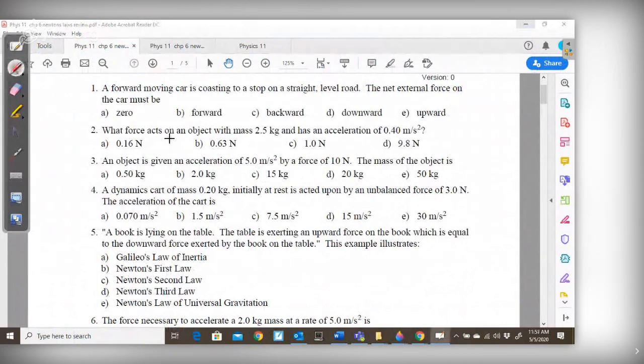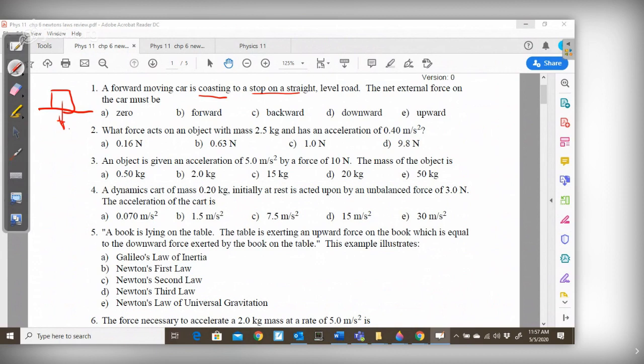All right. A forward moving car is coasting to a stop on a straight level road. The net external force on the car must be. So what do we know here? It's coasting, so the motor is not pushing it forward. It's coming to a stop, so it's not uniform motion. If we consider there's our road, here's our car.